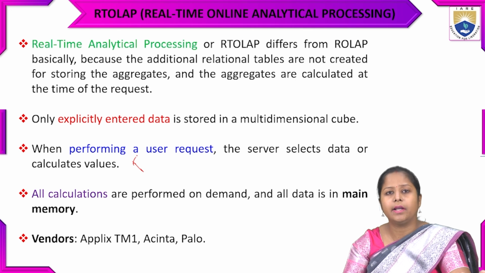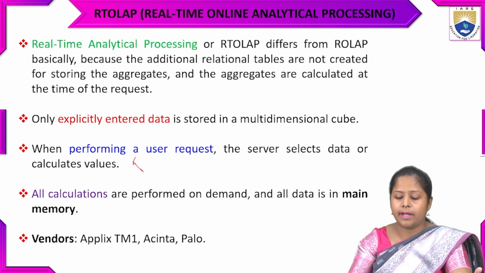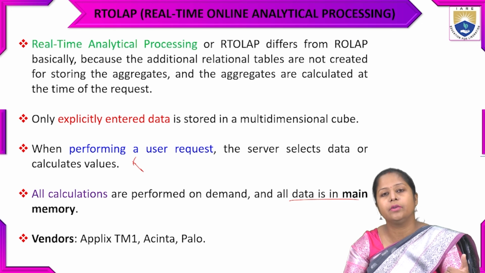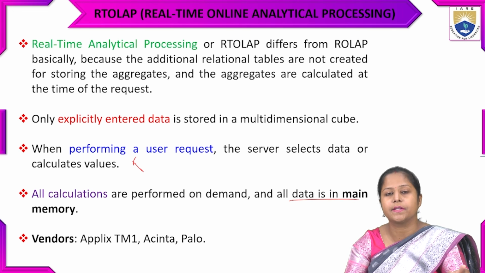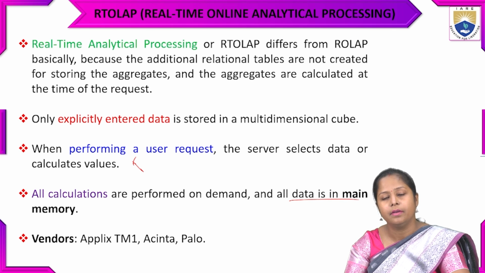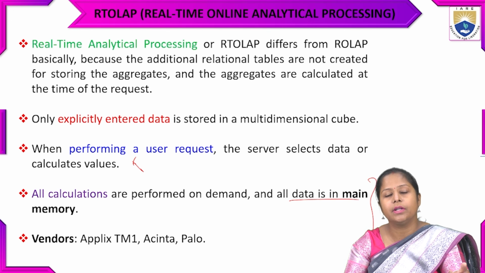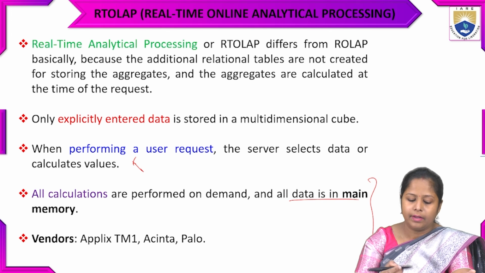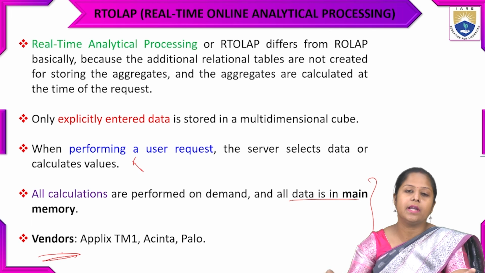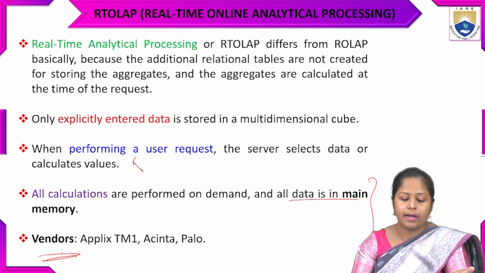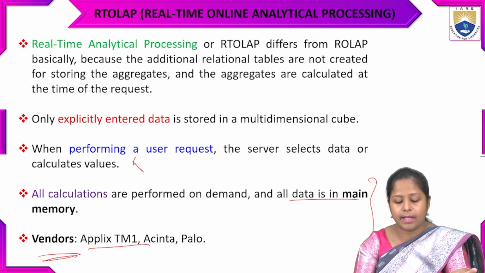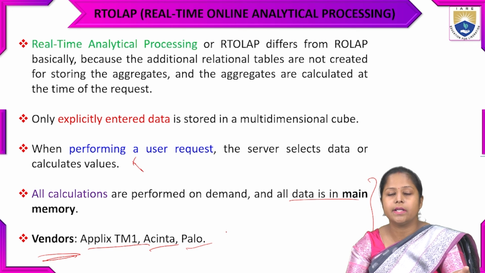All the calculation is performed on demand, and all the data is stored in the main memory of the server. So in this model, all the data is stored directly in main memory. The vendors for the real-time OLAP model are Applix TM1, SNT, and Palo. So these are the three vendors for the RTOLAP model.